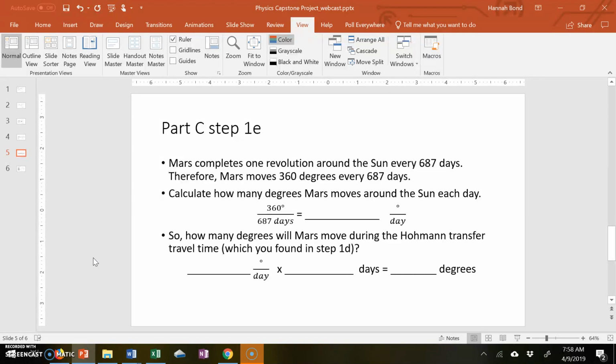Then we want to figure out how many degrees does Mars move during the Hohmann transfer. So take the travel time that you found in step 1d and multiply that by the degrees per day that Mars moves. That tells you how many degrees Mars moves during the Hohmann transfer.